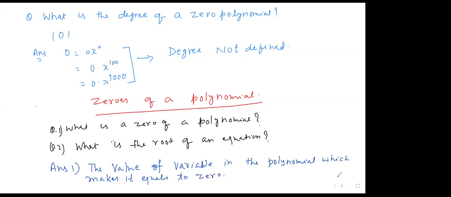What does it mean? Suppose we have the polynomial 2x plus 3. The value of x which makes 2x plus 3 equal to 0 will be called the zero of the polynomial 2x plus 3. So how do we find it? First we make it 0 and then we solve the equation, so x equals negative 3 over 2.